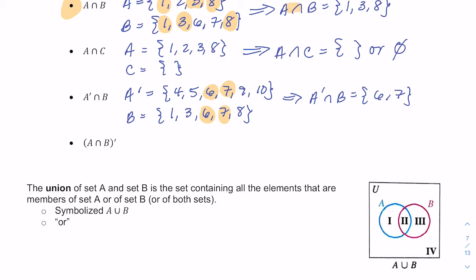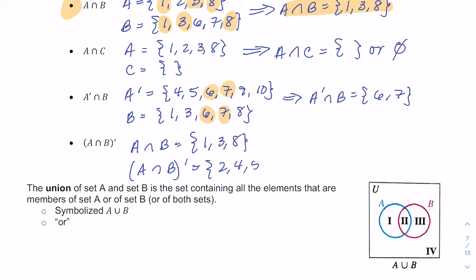So originally I found that A and B, if you'll recall from the first example, is 1, 3, and 8. So if I was to take the complement of A and B, it would be all the numbers except 1, 3, and 8. So it would be 2, 4, 5, 6, 7, 9, and 10.